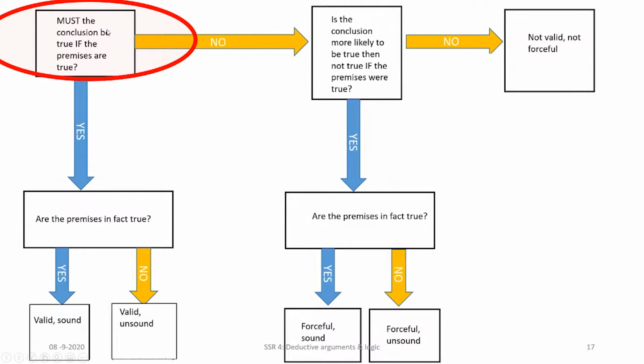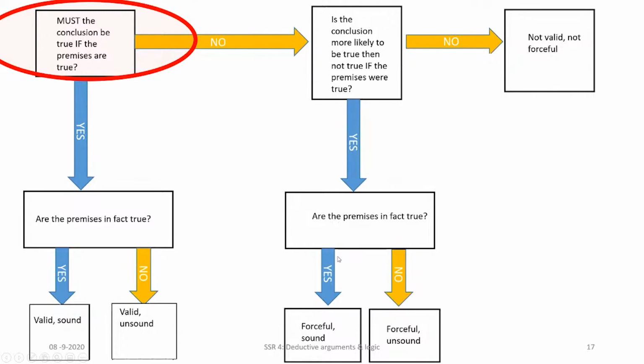The same applies. So if the answer to the first question is no, the conclusion is not necessarily true if the premises were true, then you go to the second question on that logical assessment level. And you ask yourself the question, is the conclusion likely to be true, given that the premises are true? If the answer to that is yes, you go to that factual assessment level, and then you check whether the premises are in fact true.